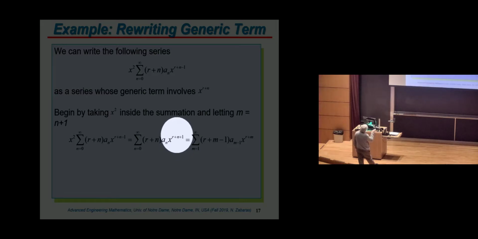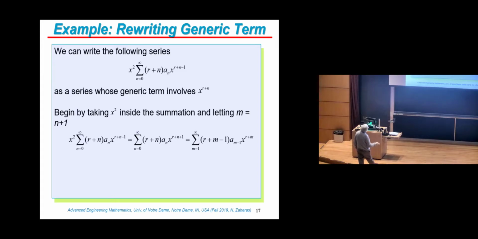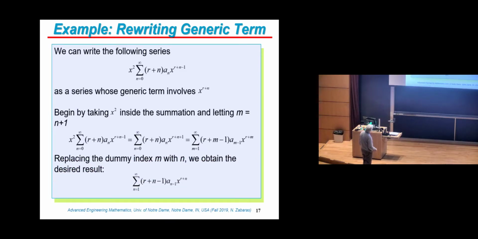So obviously we are going to define n plus 1 to be m, all right? So n plus 1 equal to m, so r plus m. So n plus 1 again has to be equal to m, so this will become m minus 1, and this will become r plus m minus 1. And then if you want, you can actually rename the m to n.